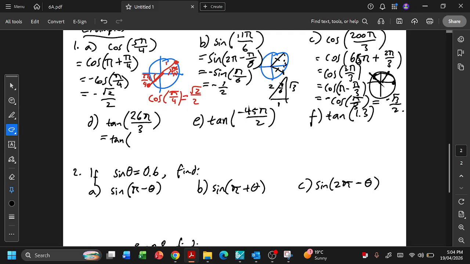We know that 3 times 8 is equal to 24. So therefore, 26 pi over 3 is equal to 8 pi plus 2 pi over 3.